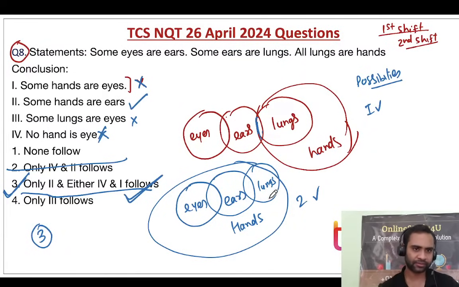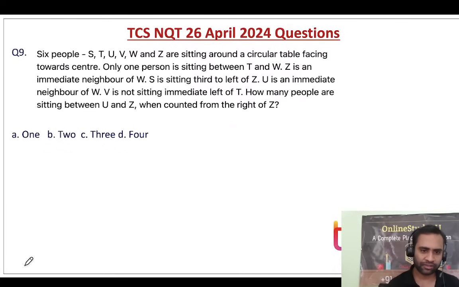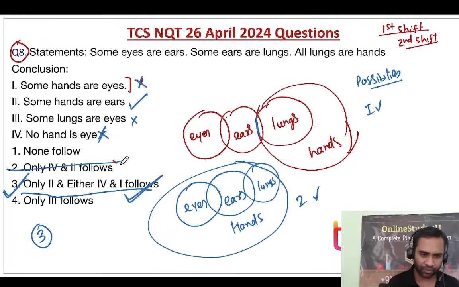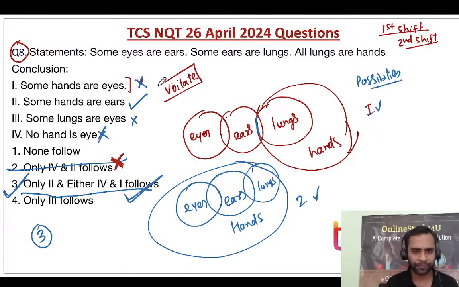Clear for everyone? Okay. Now, circular arrangement questions were there, right? There was a sitting arrangement question. Whoever gave option 2, it's a wrong answer, because we can have multiple diagrams which will not even violate your statements, and you will still be able to make diagrams, right?